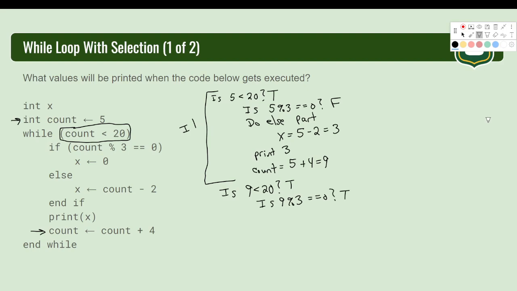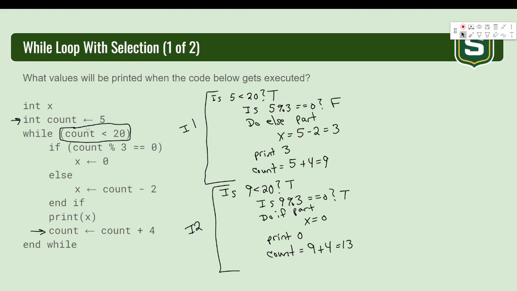So this time it's going to do the if part, not the else part. Okay, so x is going to be set equal to 0. It's going to print 0. It's going to change count to 9 plus 4, which is 13. So this is all happening in iteration 2. So you're going to continue this process until count is no longer less than 20.